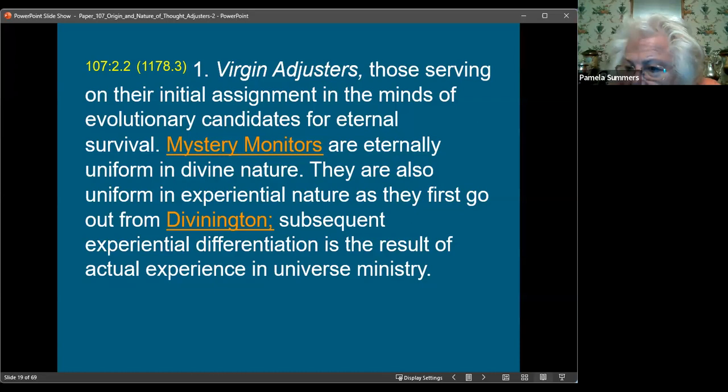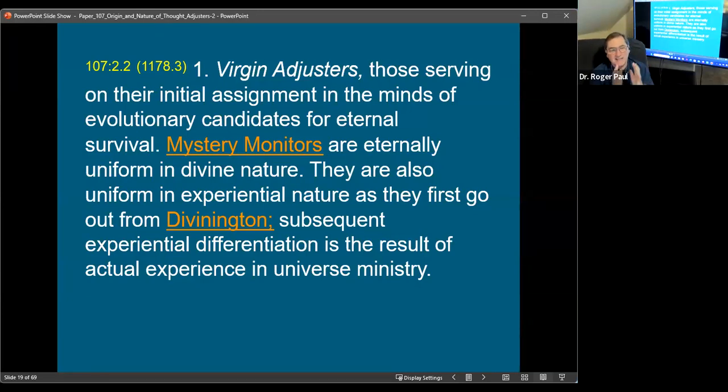Oh, when you fuse with the adjuster on the mansion world, you'll actually gain some of those memories from that very first experience of the adjuster as a virgin adjuster. So as your memory expands backwards with the adjuster, it also expands forward and gives you foresight, because the adjuster is what?